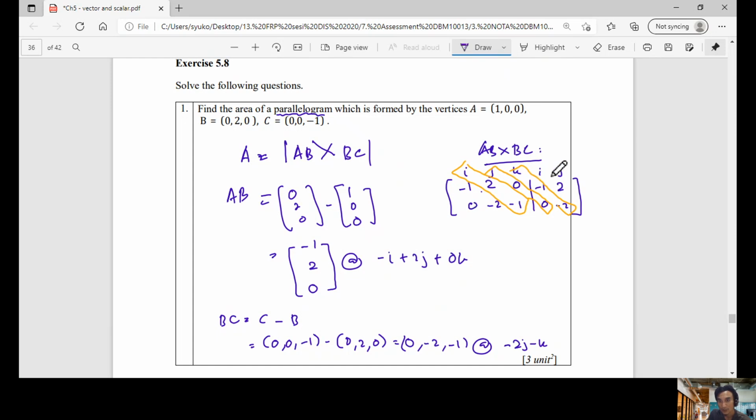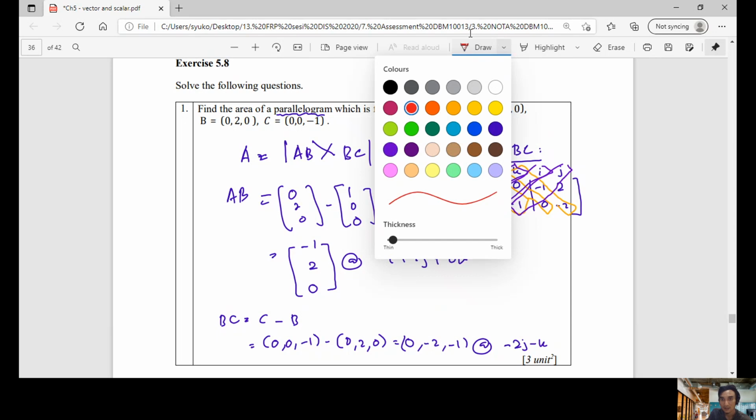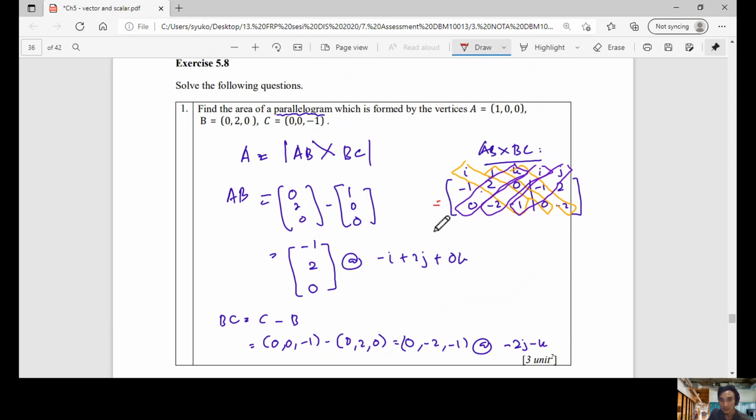Okay, so this one k, j, k, i, and then this one k. So be careful while you draw the direction or the line of the multiplication.